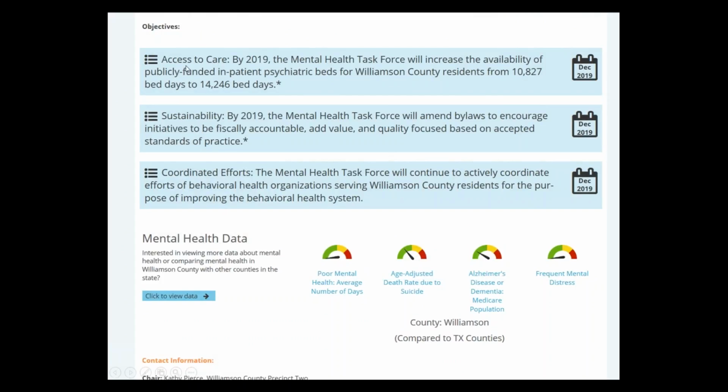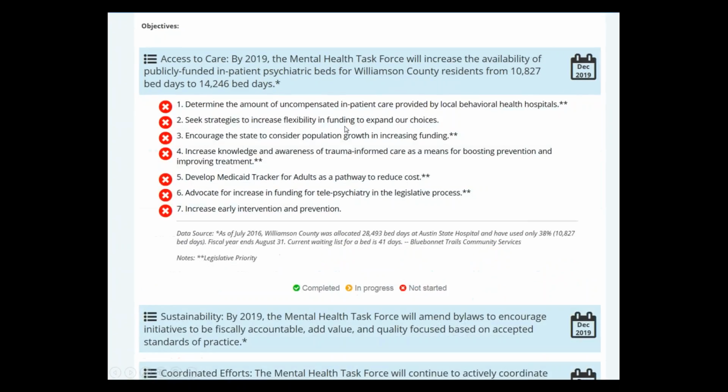And these are all actually sandwiches, or they can expand. So if you click one of the sandwiches, the Access to Care sandwich, it actually expands. And you can see that we have 7 strategies that the Mental Health Task Force has identified to reach this objective.